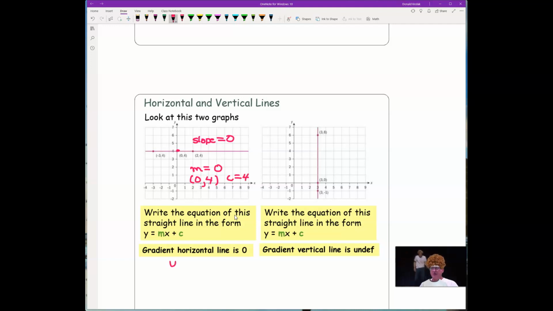If I was writing this, it would be y equals 0x plus 4, so this is simply y equals 4. Horizontal line. Now for a vertical line, if we were doing the slope, you end up with a 0 in the denominator, so this slope is undefined.